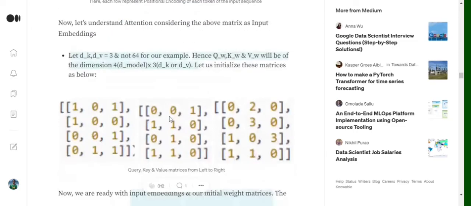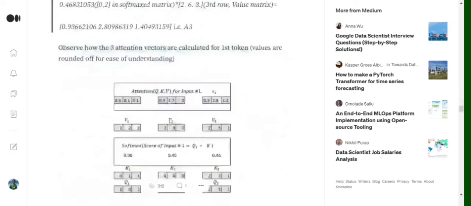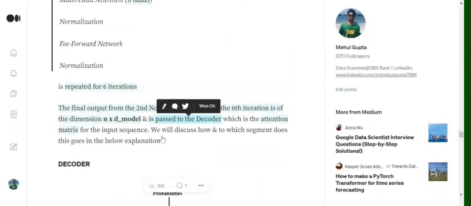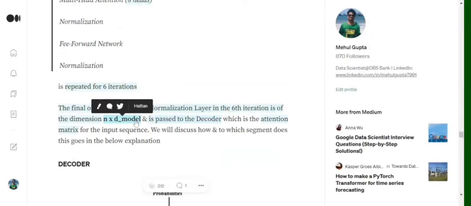This process continues for 6 iterations because we are repeating the entire block 6 times. Once the six repetitions are done, the output of the sixth block goes into the decoder. If you remember in the architecture, there were arrowheads going inside the decoder. This is how encoder and decoder are connected.